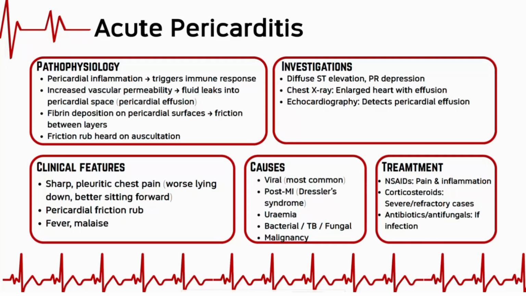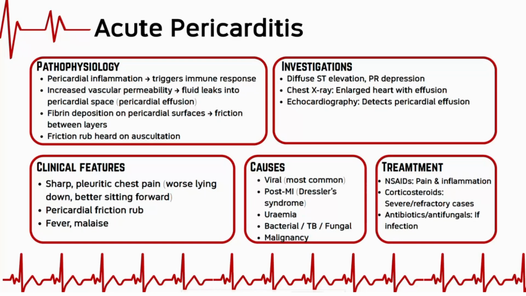One of the easiest ways to see if a patient is having acute pericarditis from the ECG is looking at the V5 lead and comparing the traces. So what you will see in V5 is PR depression and ST elevation.